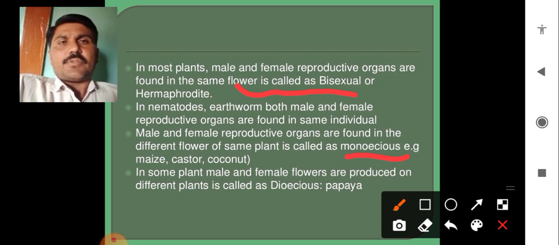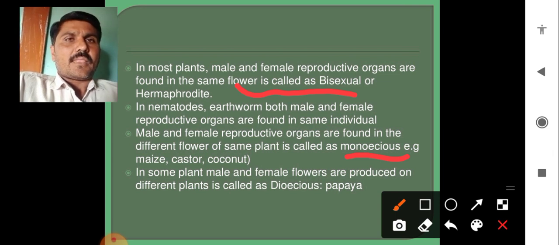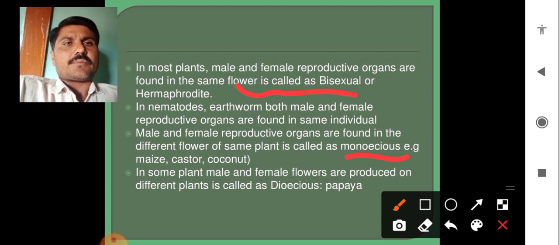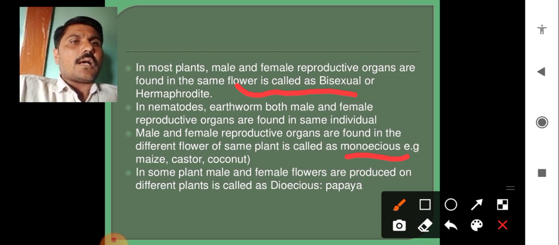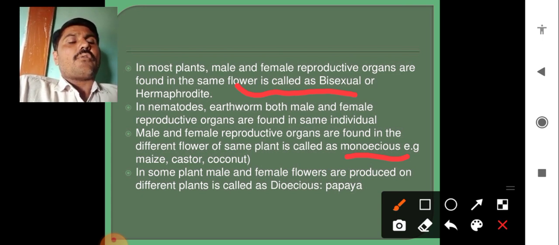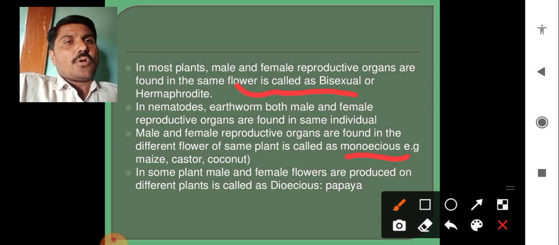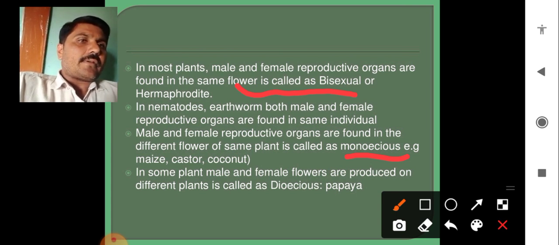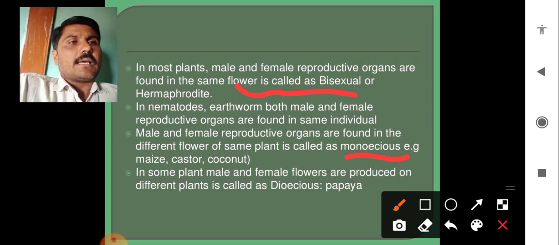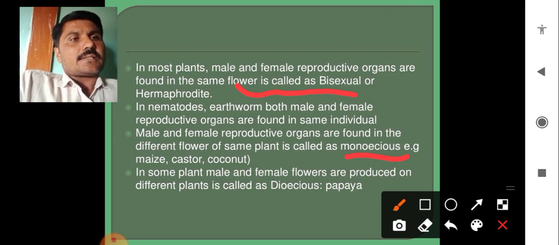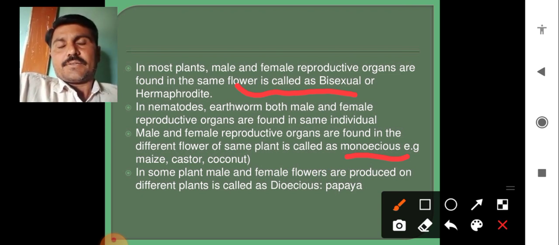We are all aware of the maize plant, castor plant, as well as the coconut. So we find male and female reproductive organs in different flowers of the same plant. Both male and female flowers are on the same plant, and that is the monoecious condition. Which are those?